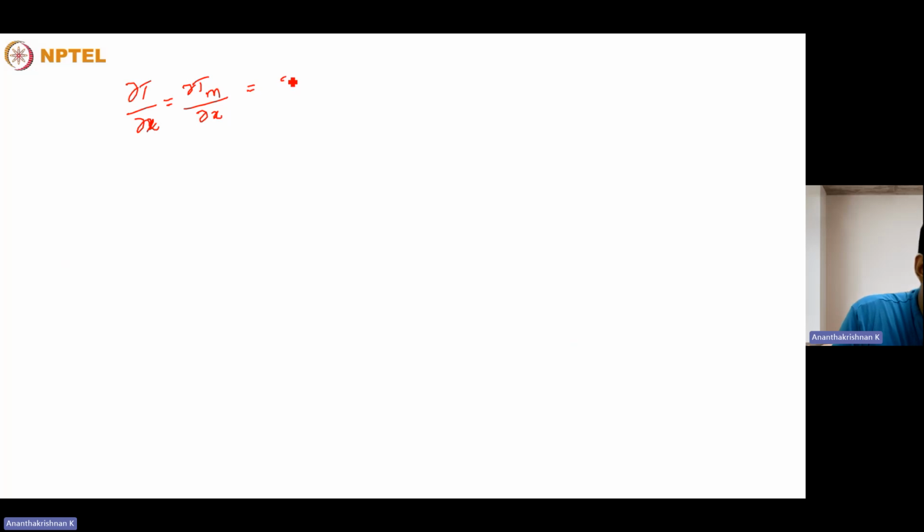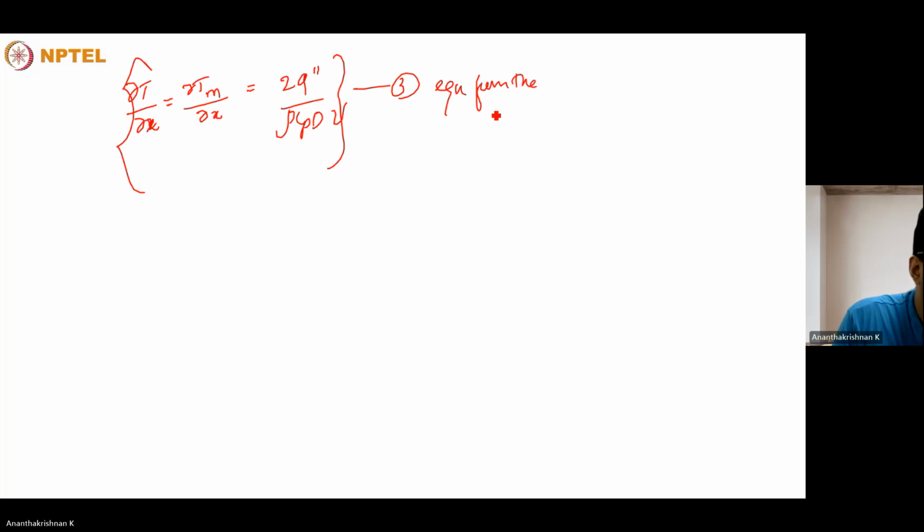That will be equal to 2 times heat flux divided by rho Cp D into average velocity. So this is the equation from the normal energy balance.